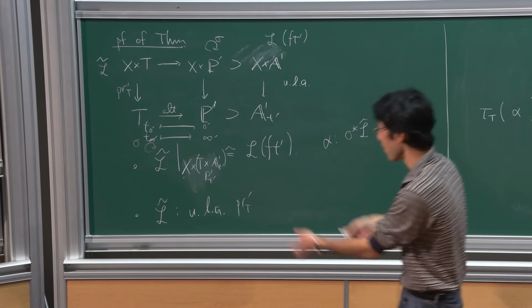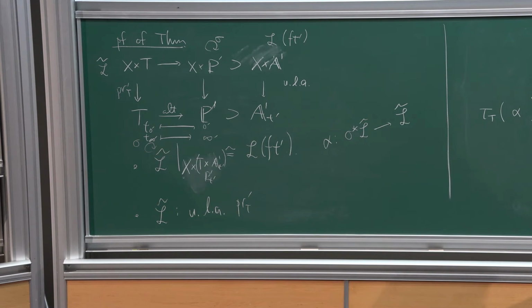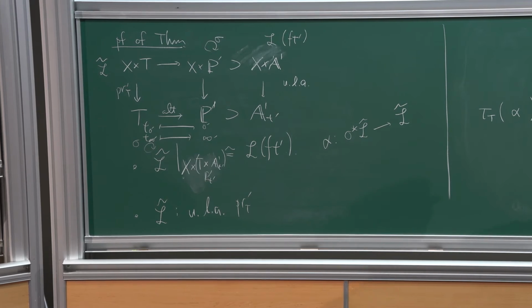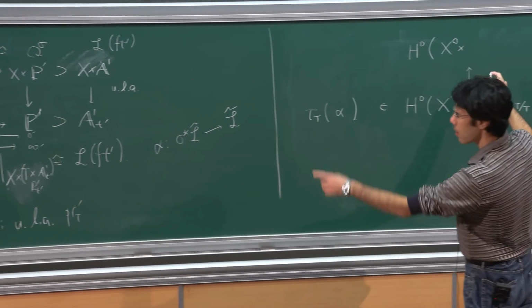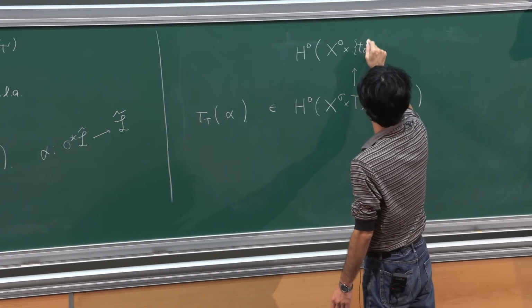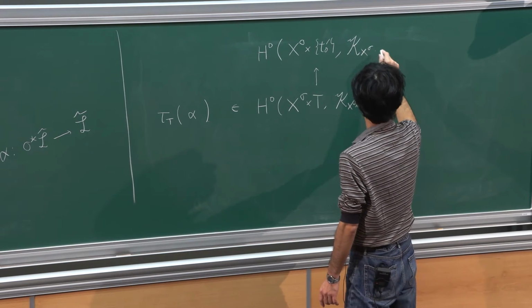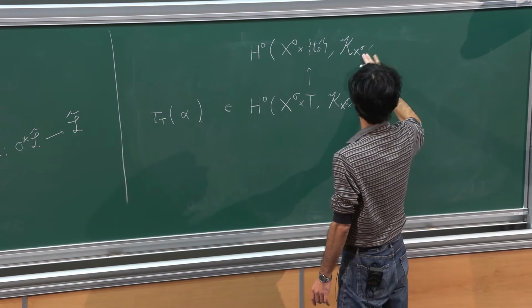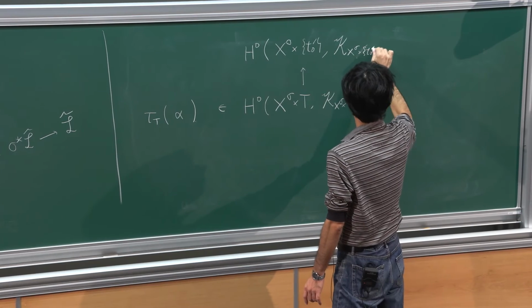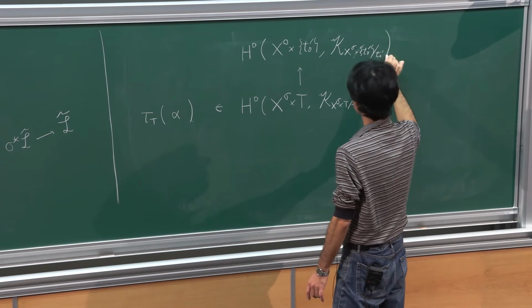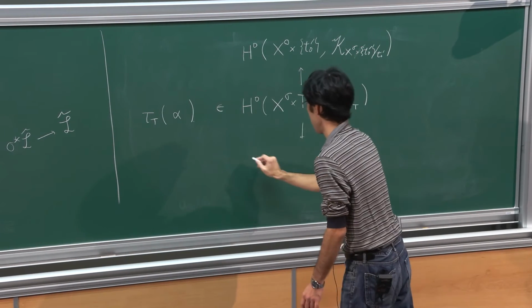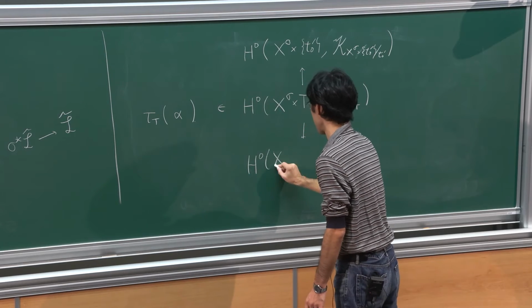Since it's an alteration, I can take some lifting of it. It can be any one. Then I can restrict this T to this T0 prime, K, X. And also the same for the infinity.